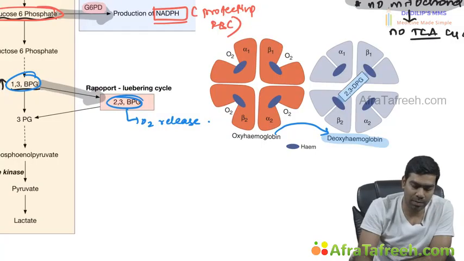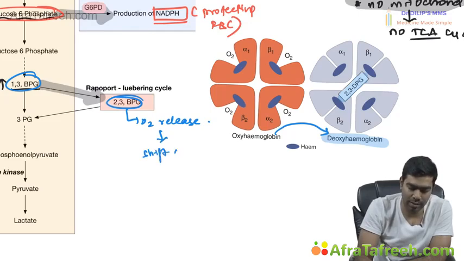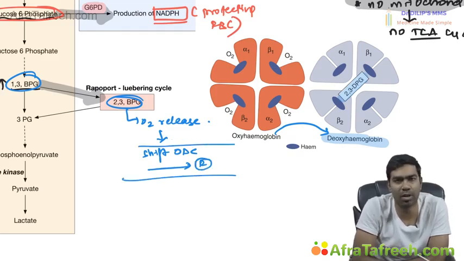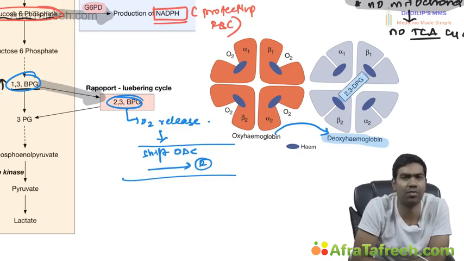This also shifts the oxygen-hemoglobin dissociation curve to the right, which just means oxygen release. So 2,3-BPG is essential for oxygen release in the tissues by the hemoglobin.